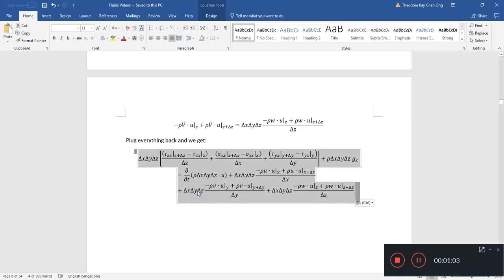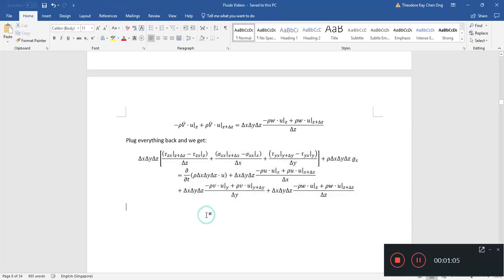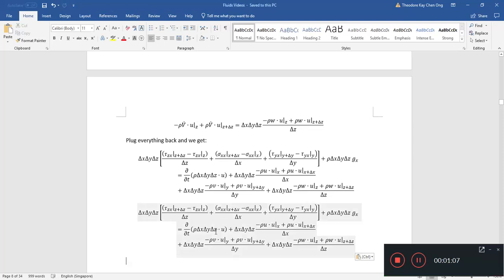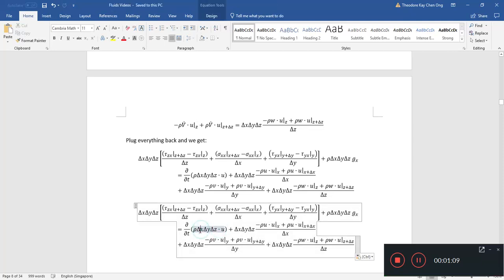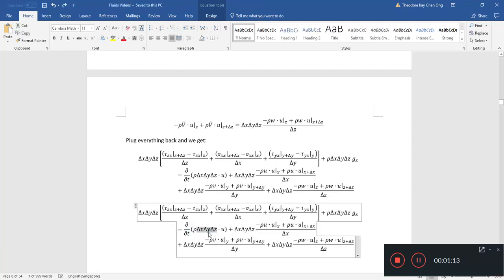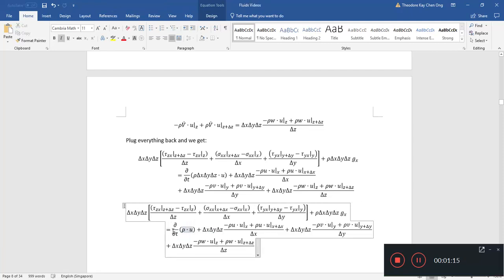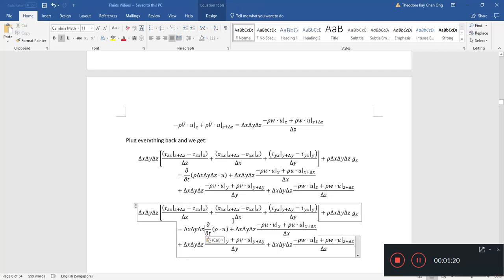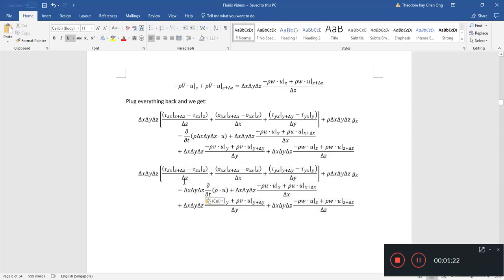So we want to simplify things, firstly by dividing by the volume, delta x, delta y, delta z. And of course, we want to factorize this delta x, delta y, delta z out, and seeing how it's constant with respect to time, we can just take it out of the derivative. And now we want to divide everything all the way through. So let's tidy up.